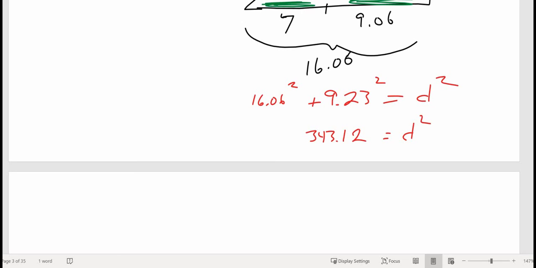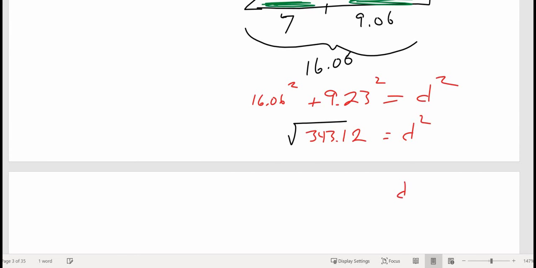Sometimes what I write down isn't necessarily what's in my calculator, or what I'll use, because in my calculator it's 343.1165. I'll actually use that number when I go to do square roots and stuff, so that way I'm not rounding too much. I'm just too lazy to write out all that. So as you follow along, if you were to type in right now the square root of that, you're going to get something different than what I'll wind up having, by just a little bit.